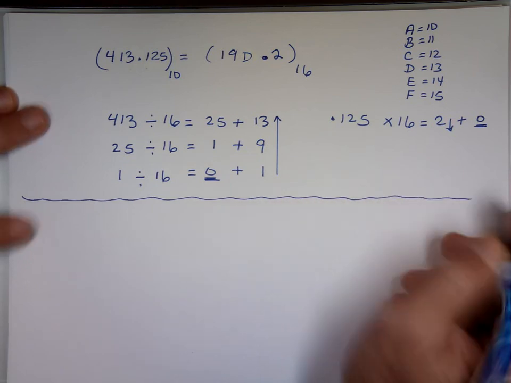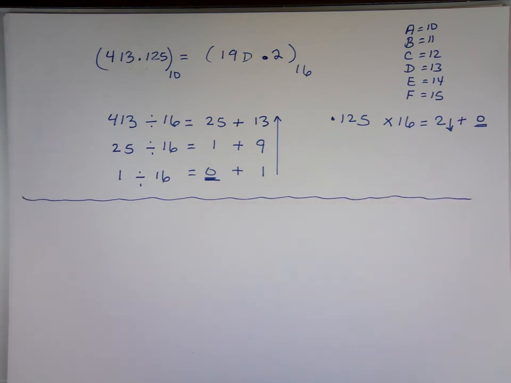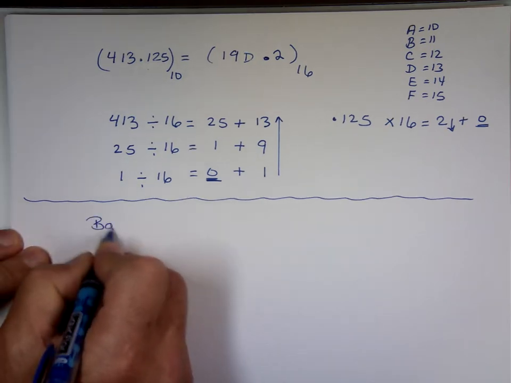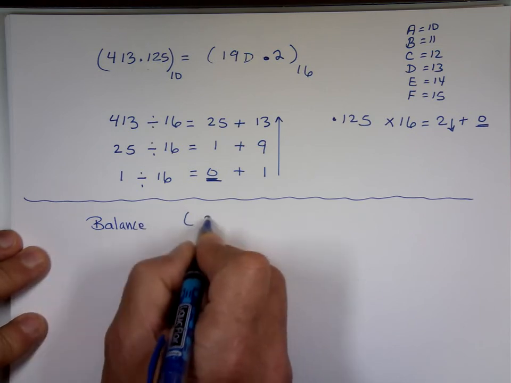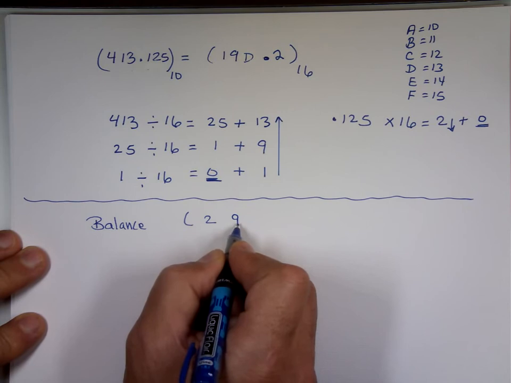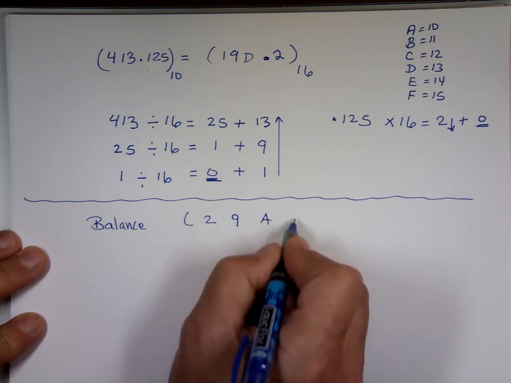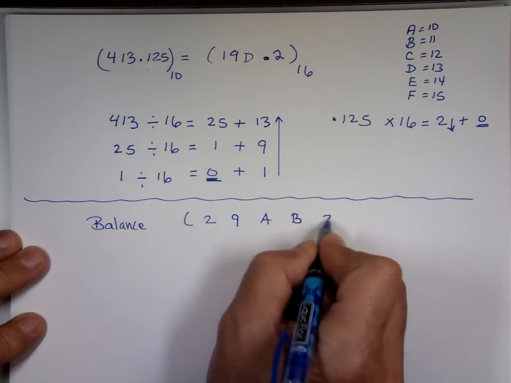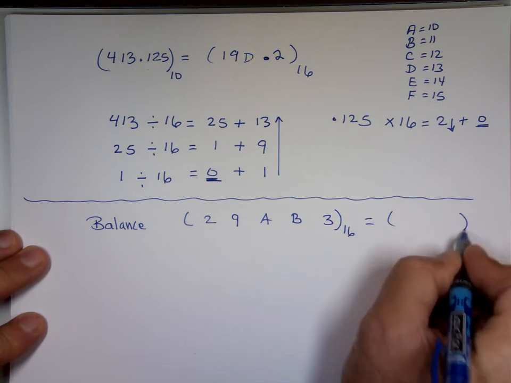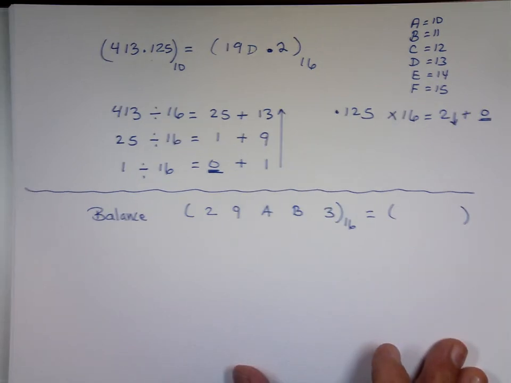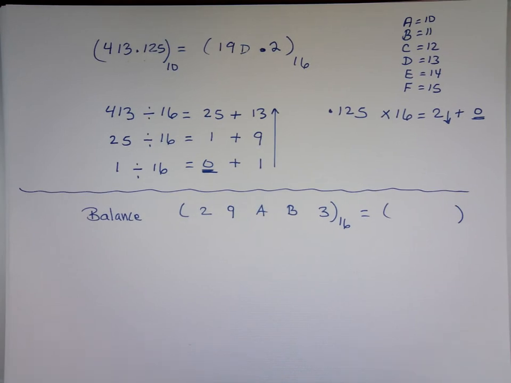Now I didn't forget about that problem with your balance at Bank of America. Your balance was 2, 9, A, B, 3, base 16, right? And I want it in terms of something I can relate to, because I have no idea what that means. Gibberish to me. No decimal value, good.